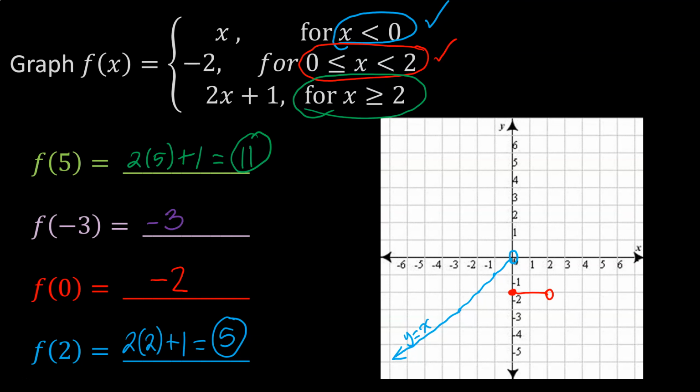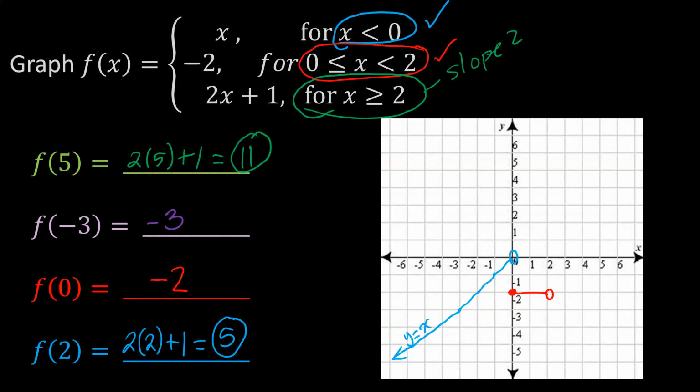Okay, now how do you graph a line that is way out here to the right-hand side? Well, remember, for a line, you need a point and a slope. You know the slope, in this case, is 2. What point are we going to use?